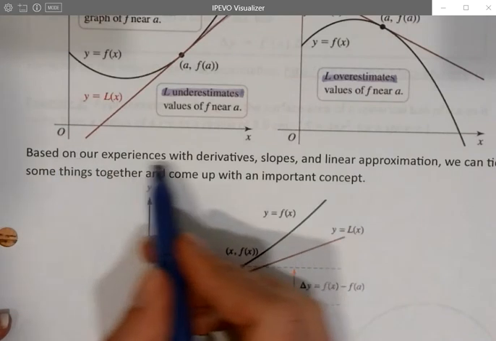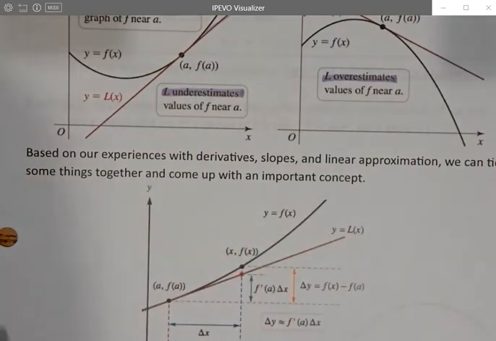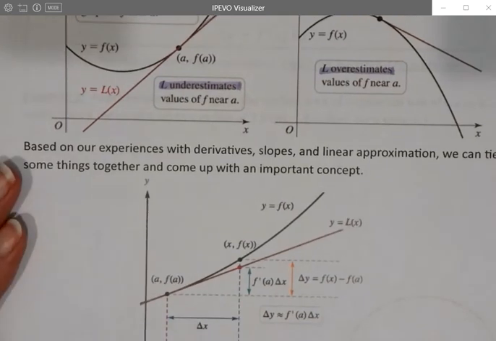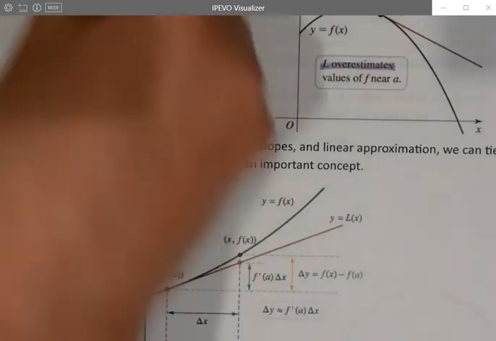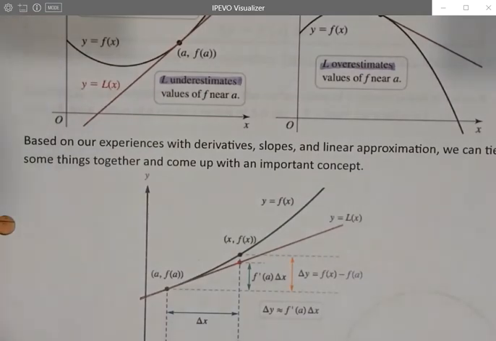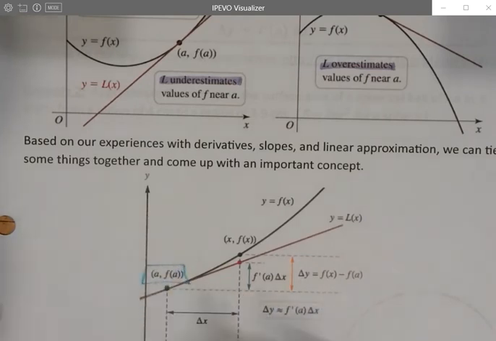Now, based on our experience with derivatives and slope, and linear approximations, we can tie some things together and come up with some important concepts. Let's take a look at this diagram right here. We have our original point f of a that we created the linear approximation for, and our goal is to learn something about the new point x, f of x.